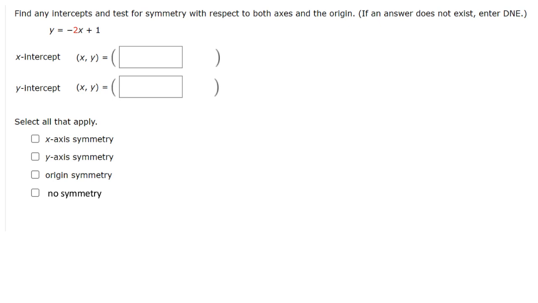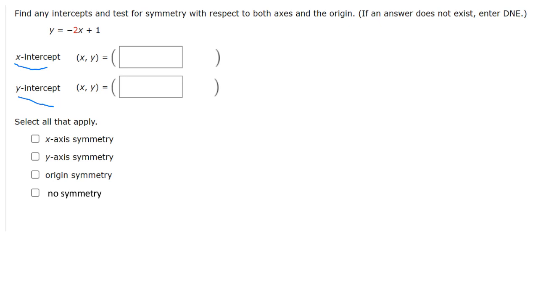Just to do a quick review, to find the x-intercept, we set y equal to 0, and to find the y-intercept, we set x equal to 0. So let's go ahead and do that.